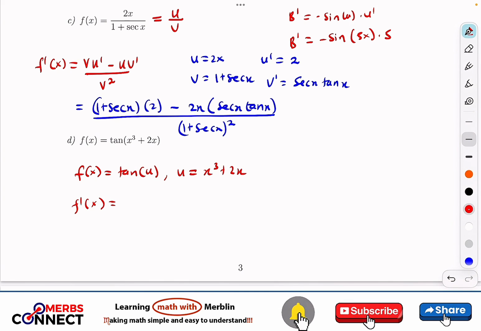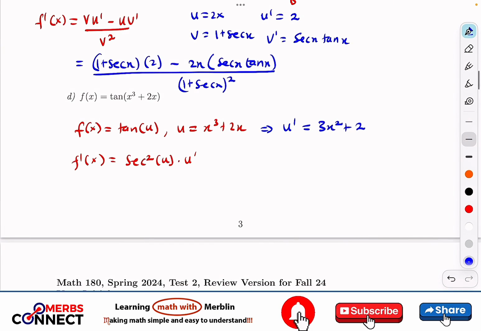Based on the chain rule, this is going to be secant squared of u times u prime. Then I need u prime. What is u prime? u prime is equal to 3x squared plus 2.